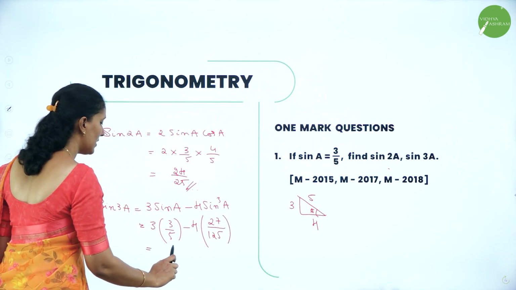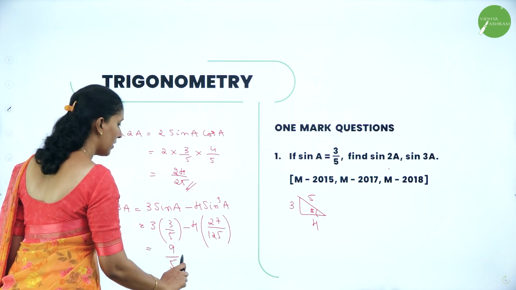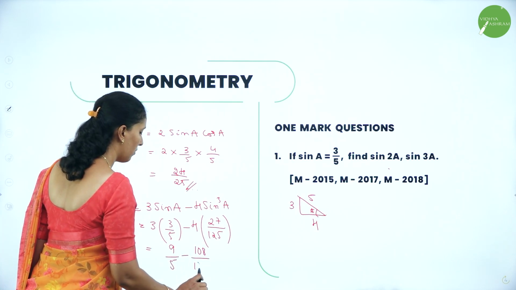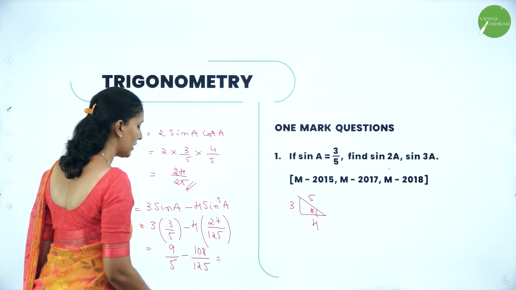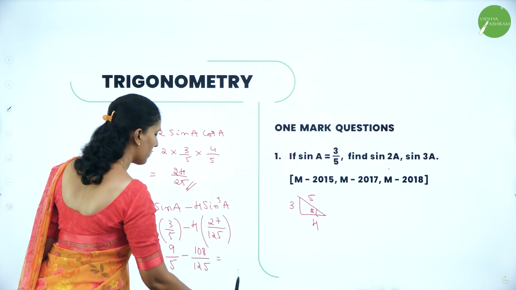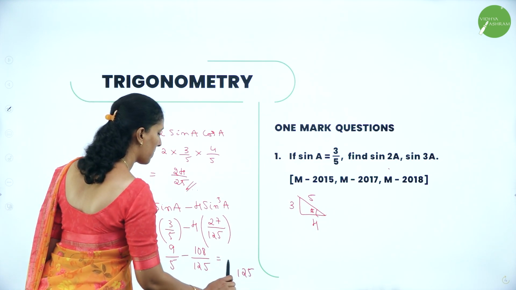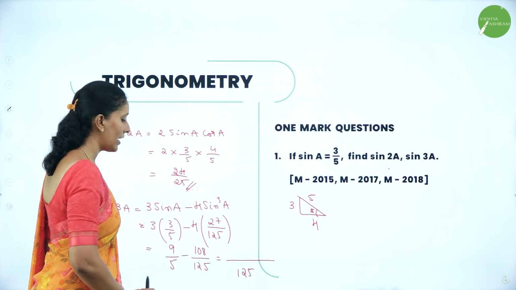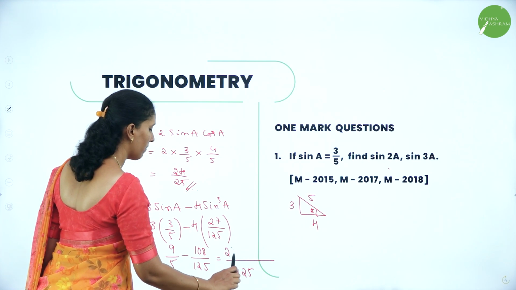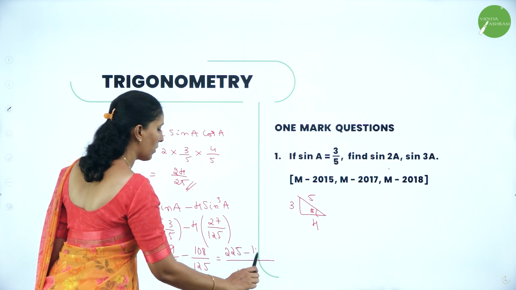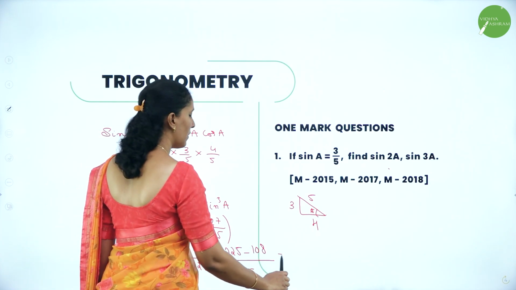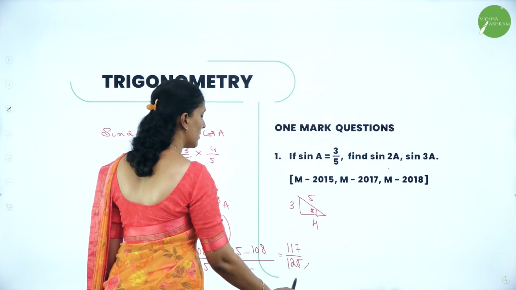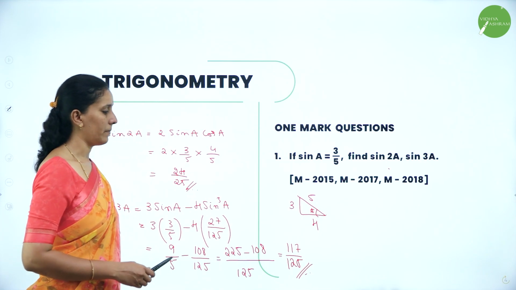So 3 3s are 9 divided by 5 minus 108 divided by 125. On solving this, you will get the LCM as 125. So 5 25s are 125, 25 into 9 is 225, minus 108. So the value will be 117 divided by 125. This is your sin 3A.